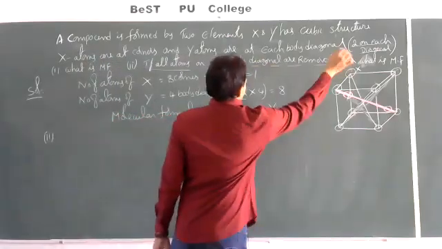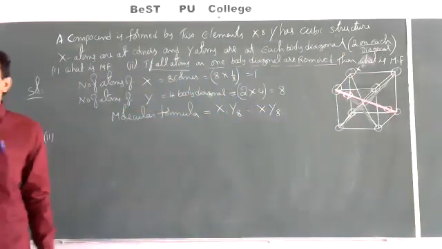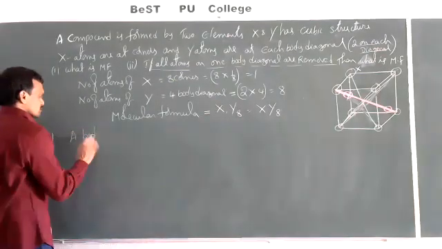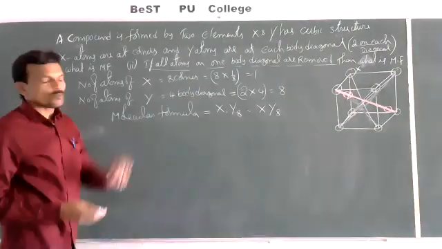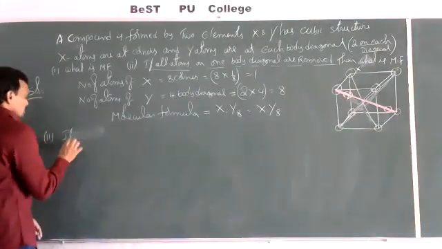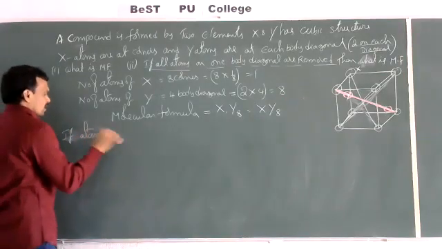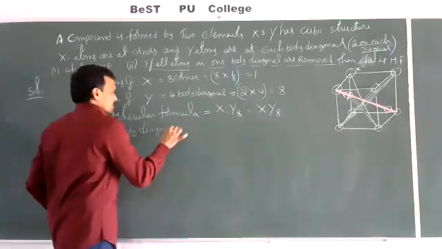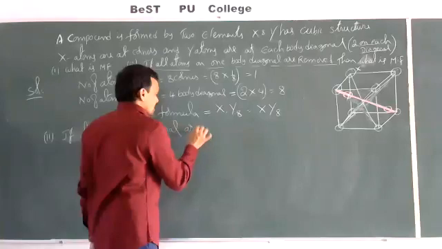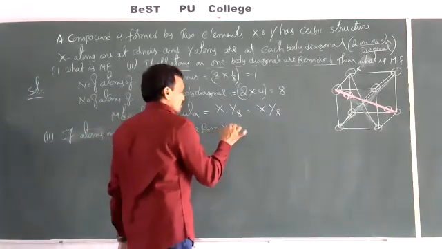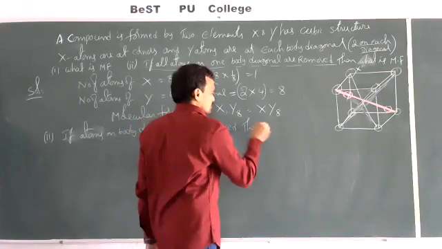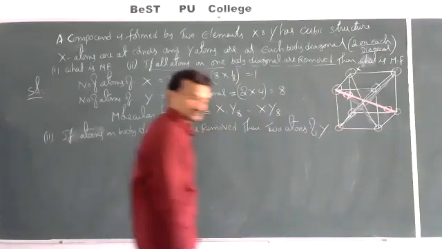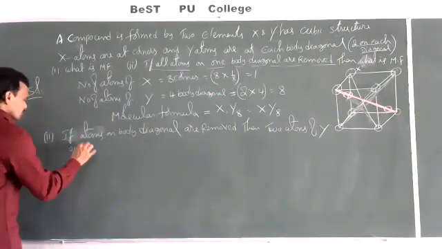If all atoms on one body diagonal are removed, see, a body diagonal contains how many particles? 2 particles. So if atoms on the body diagonal are removed, then 2 atoms of Y are removed.